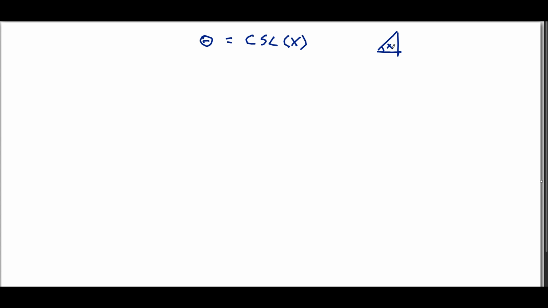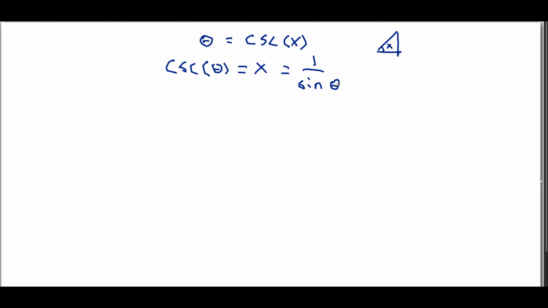And let's see. So we have cosecant of theta equals x. So cosecant of theta is 1 over the sine of theta. And 1 over the sine of theta would be, well, x.